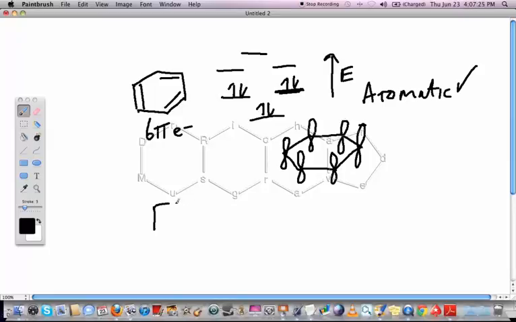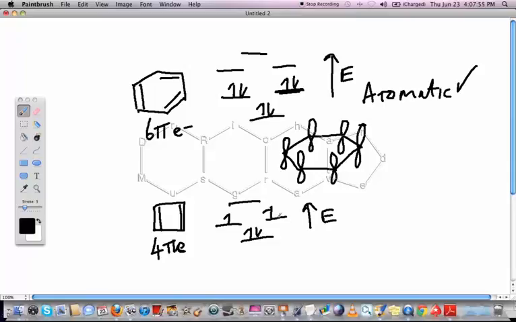Now, if you'll remember, for cyclobutadiene, the 4-membered ring system, the energy diagram looked like this. And we have 4 pi electrons to deal with. And again, we're dealing with a system that's cyclic, and conjugated, double, single, all the way around. We put 1 in here, 1 in here, 1 in here, and 1 in here.